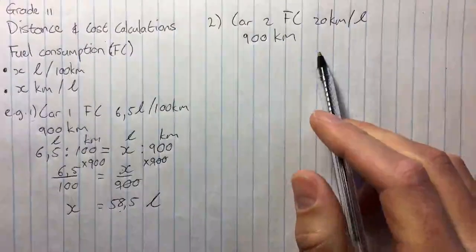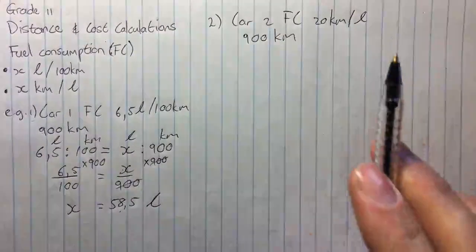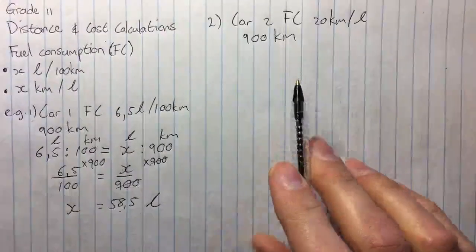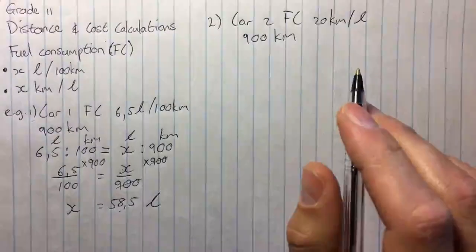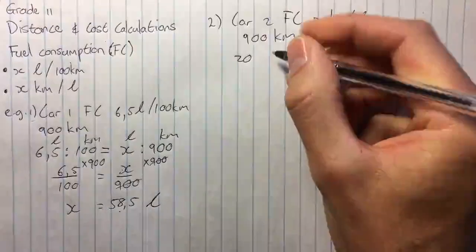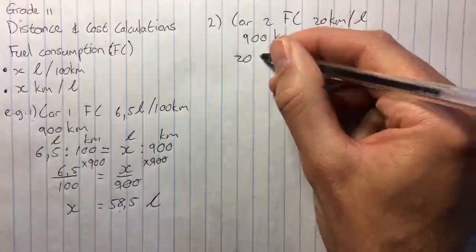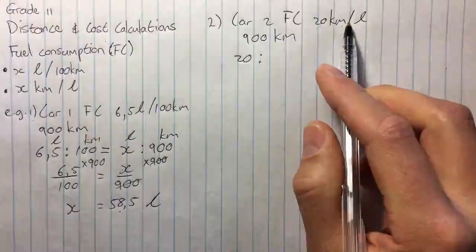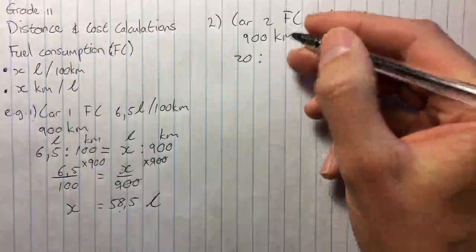So we're still calculating liters, for example 1 and for example number 2. Alright, so we write it as a proportion again. We start with the 20 kilometers to, well, it just says liters, so it means 1 liter. Okay, 20 kilometers in 1 liter.